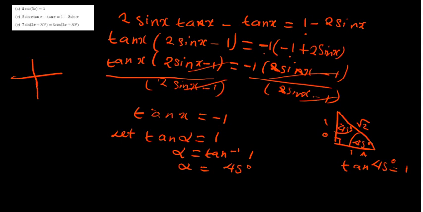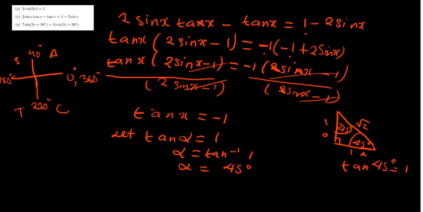Okay, so all students take chemistry. So there are 0, 90, 180, 270, then 360 degrees. Let's consider the quadrants where tan is negative.